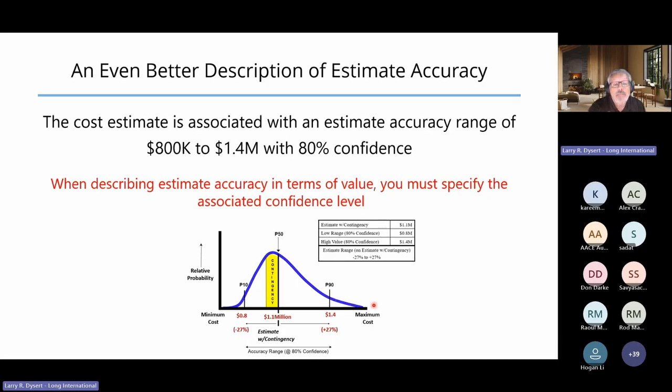Our risk analysis may give us a value for P100 probability of underrun, but that's not to say that's an absolute. So typically, we're always choosing an 80% or a 90% confidence interval to describe this range of accuracy for our decision makers.